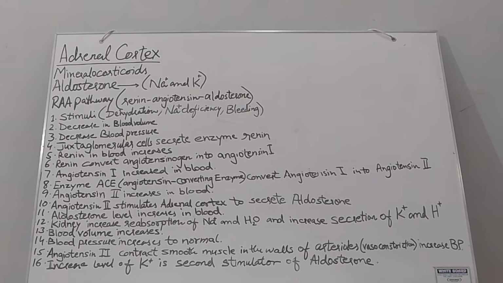Today we will discuss the RAA pathway, which controls the secretion of aldosterone, or the mineralocorticoid. How this mineralocorticoid, aldosterone, is secreted and controlled in the circulation is the RAA pathway.